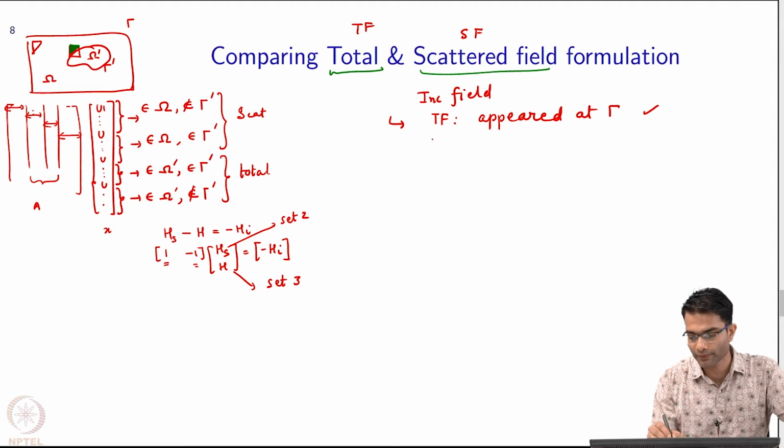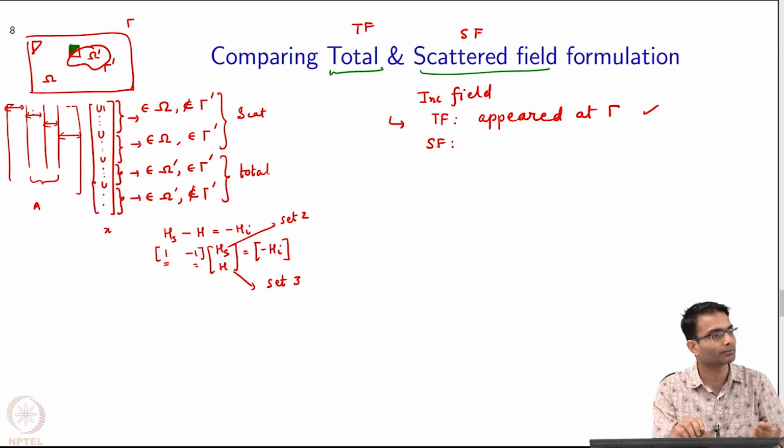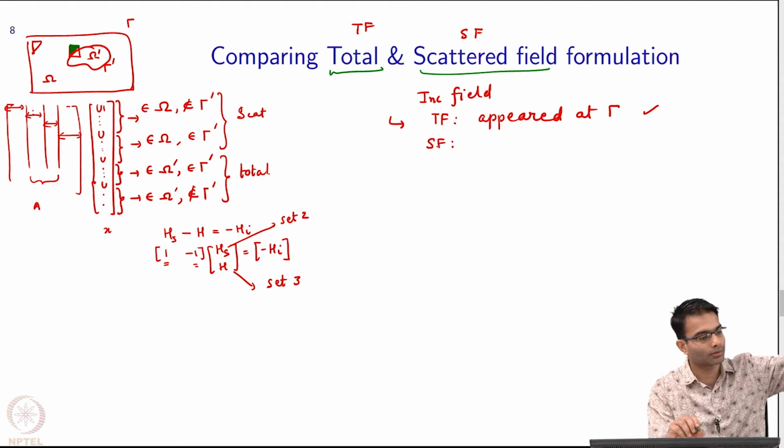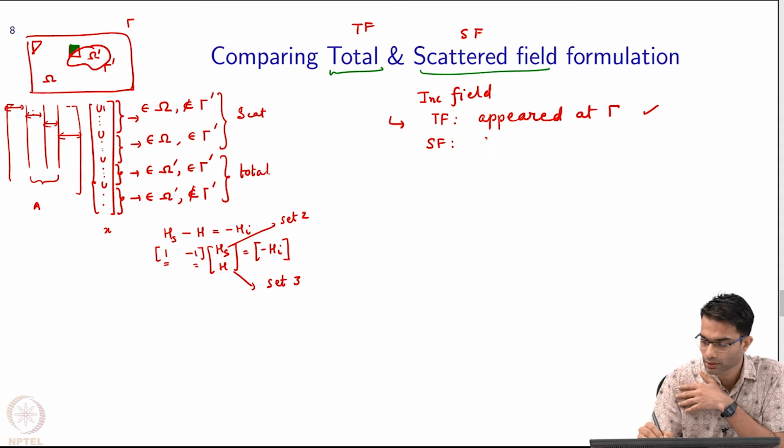In the scattered field, where did it appear? Where is it being introduced into the system of equations? At gamma prime, not at gamma. At gamma, nothing happened. The incident field did not appear because the scattered field was the variable. There was no chance for the incident field to appear.